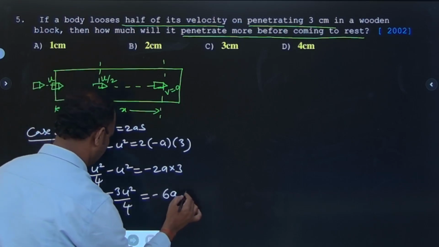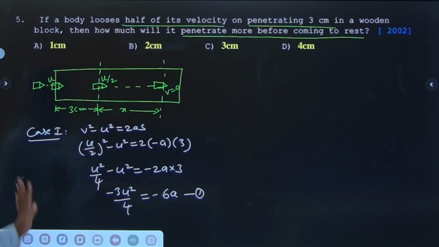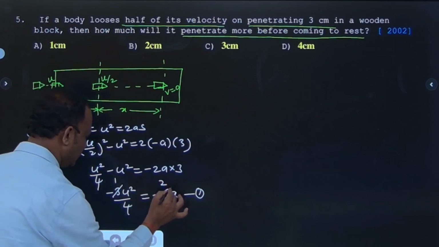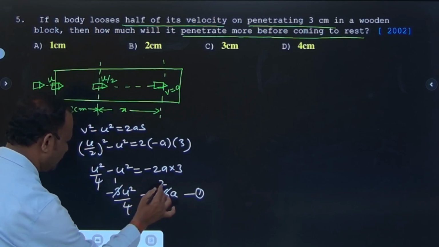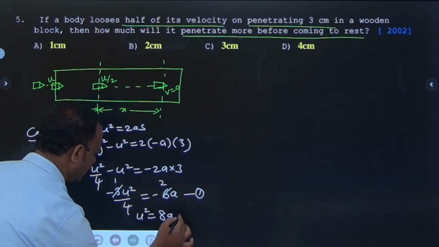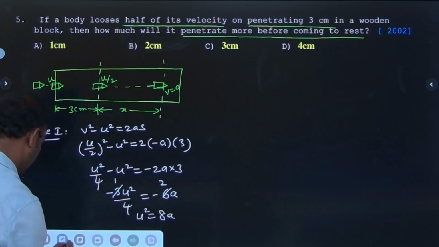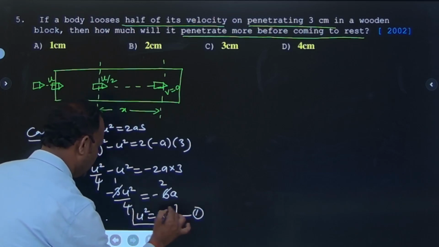Minus signs cancel, so u square is equal to 8a. This is the first relation: u square is equal to 8a.